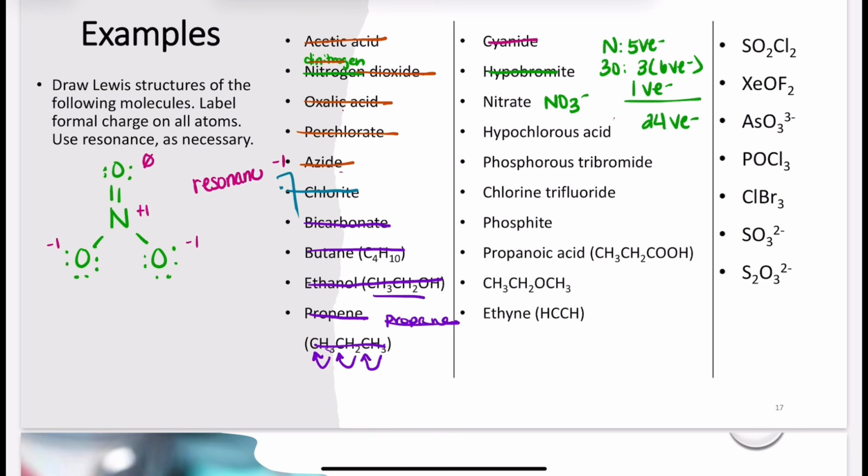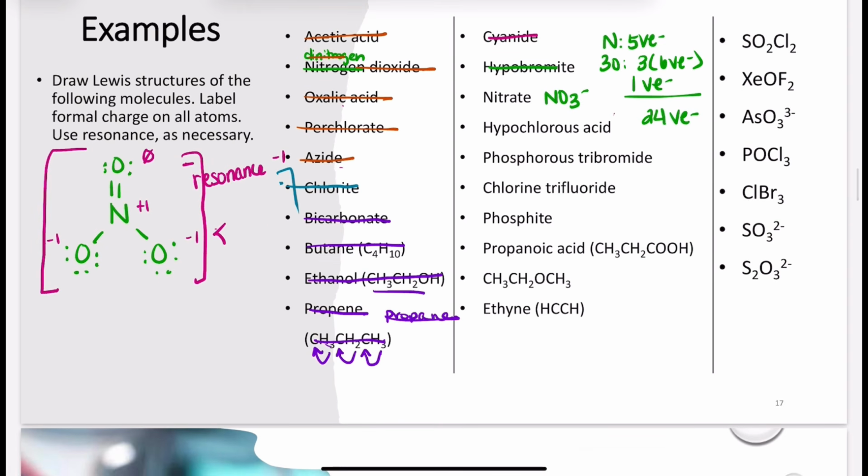Now there is resonance here, so you should look at the key. For resonance structures, we typically draw them into boxes, putting the charge up here, and then we use resonance arrows to distinguish between them. But space is an issue on the screen. So I could draw the double bond to any of the other oxygen atoms.